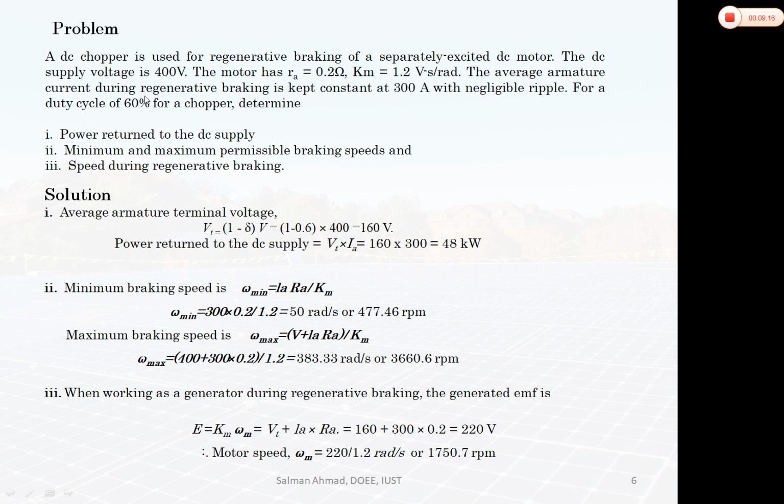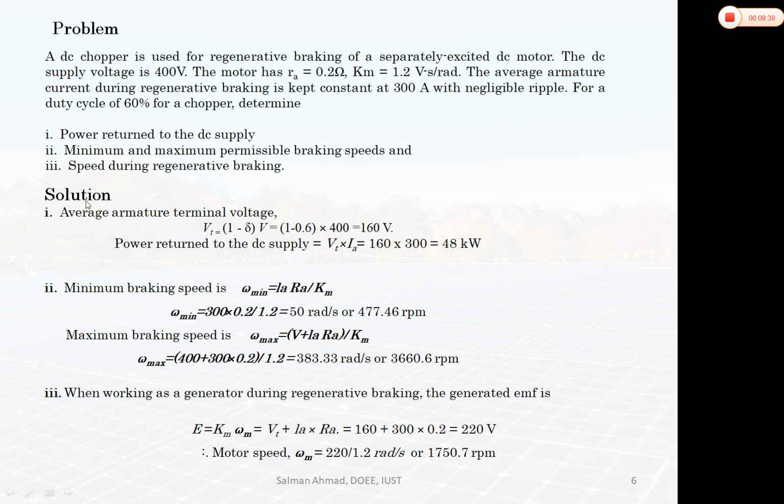Average armature current during regenerative braking is kept constant, and the value is 300 with negligible ripple. For a duty cycle of 60% for the chopper, we have to determine power returned to the DC supply, minimum and maximum permissible braking speed, and speed during regenerative braking.